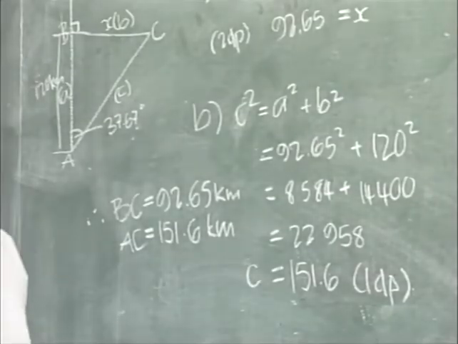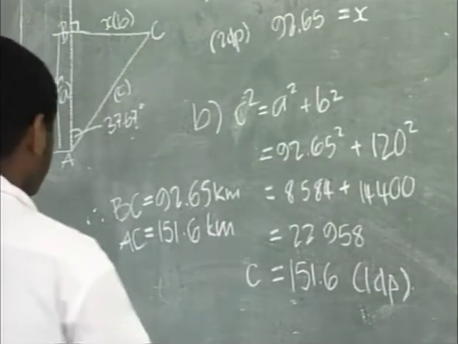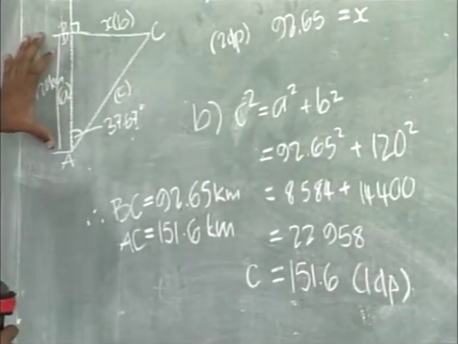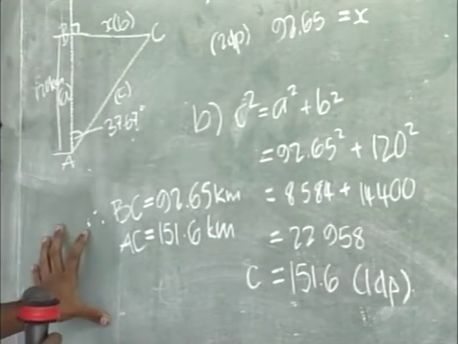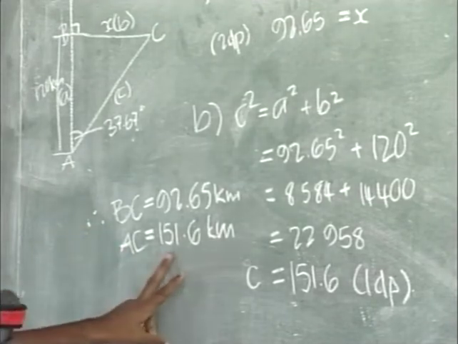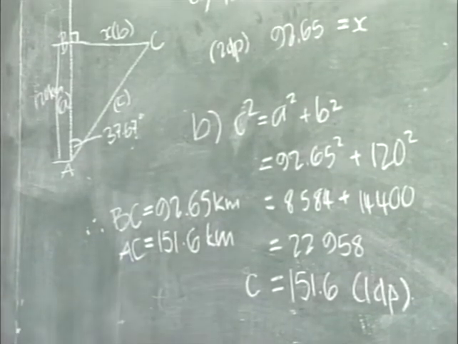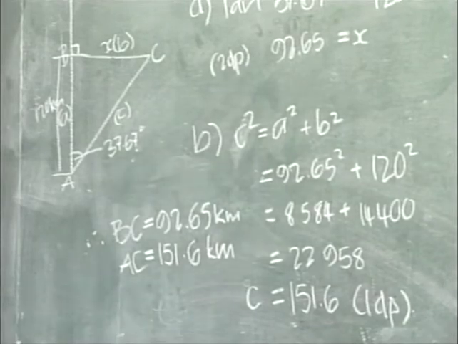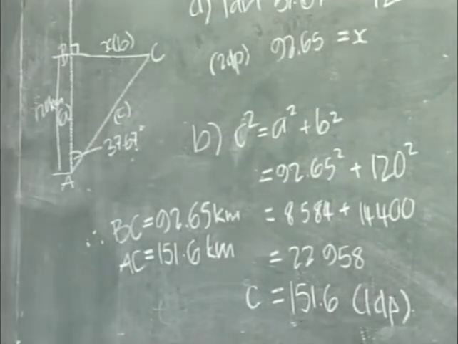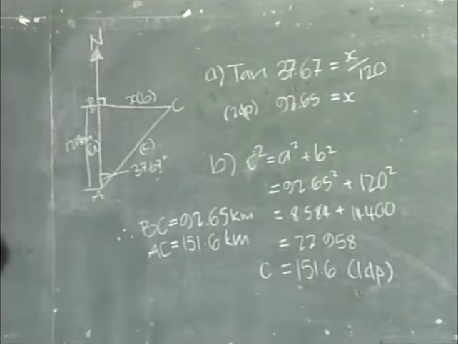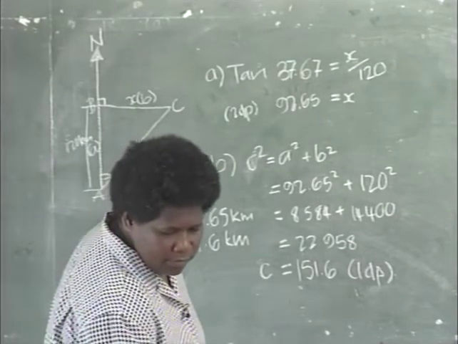And for B, the distance AC, I used the Pythagoras theorem to find AC, and AC is 151.6 kilometers. Good. Well done, Siegfried. Number 2.